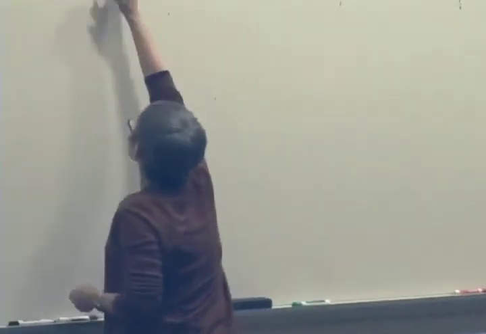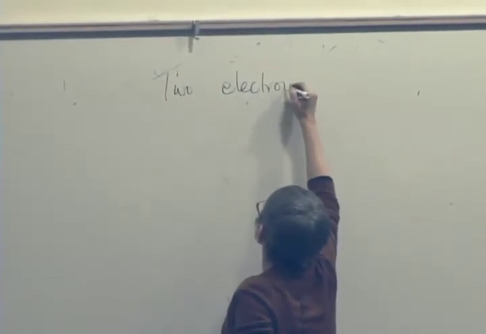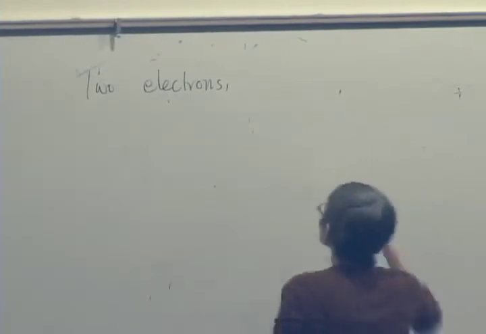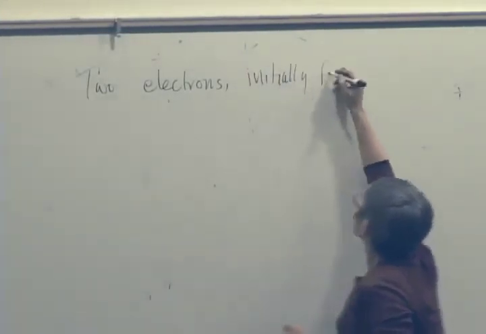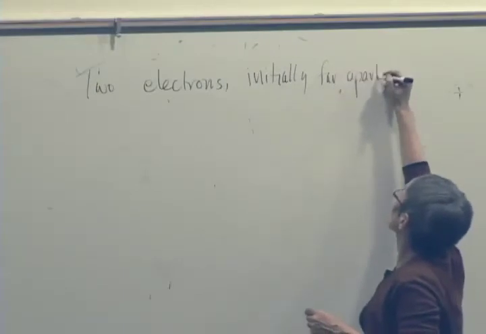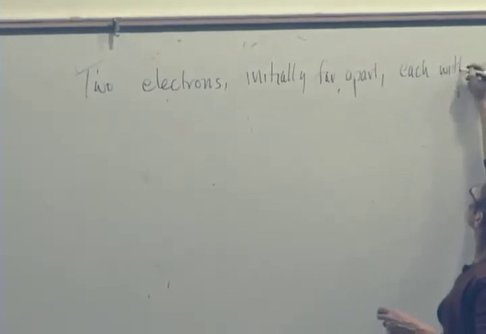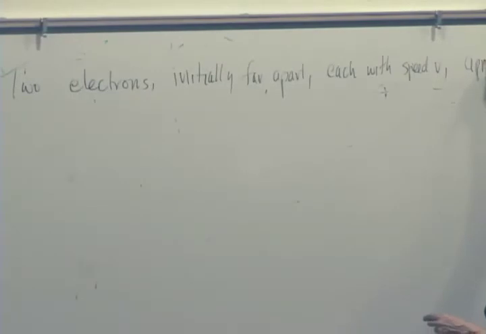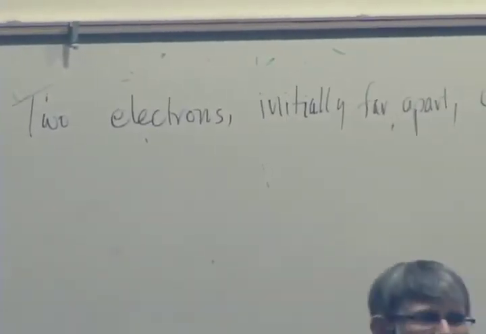So 2 electrons, far apart initially, each with speed v approaching each other. How close do they get?